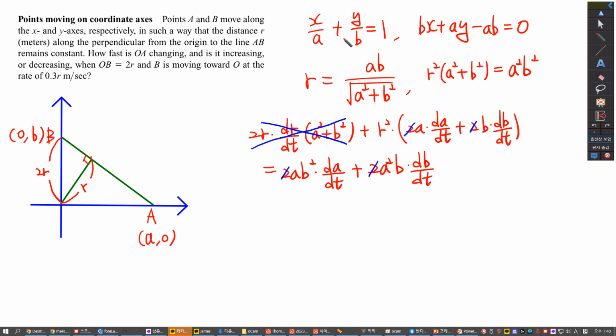So from this equation, if B is 2R, let me say it this way. In this case, this is a 60 degree angle, with the ratio 2 to 1.